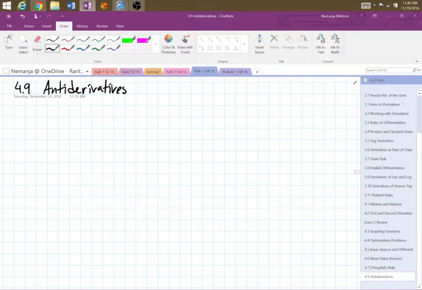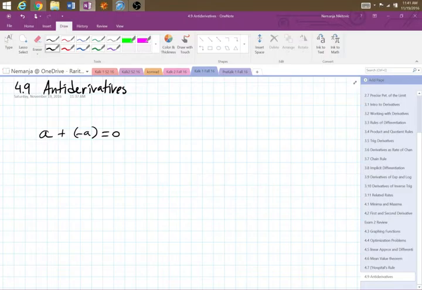So, as you know from your previous experiences in mathematics, there are additive inverses, which means that if you add A to its opposite, you get 0.